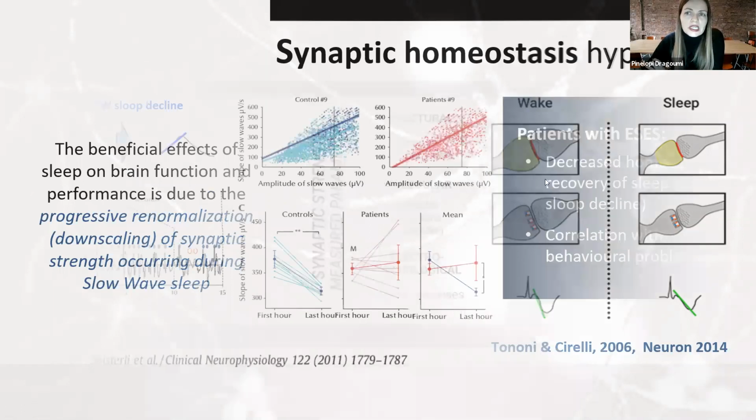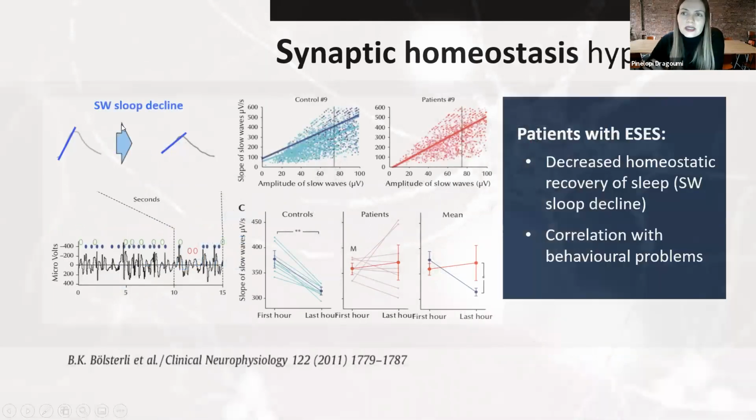And we can see here that as this happens, it can be captured with a lowering of the amplitude of the slow wave during slow wave sleep, and the slope becomes less steep.